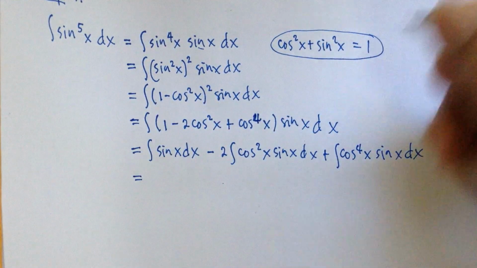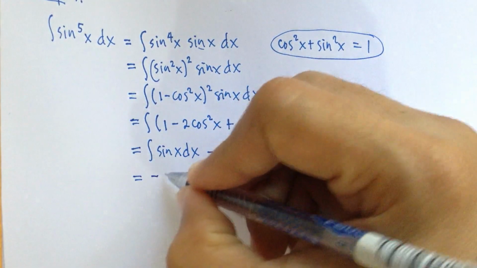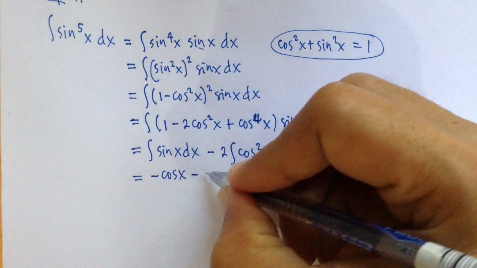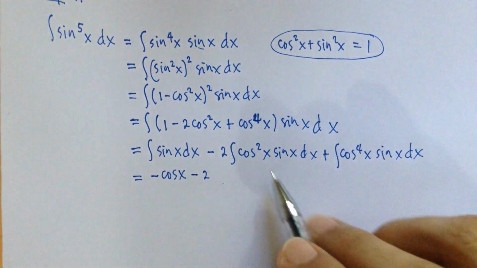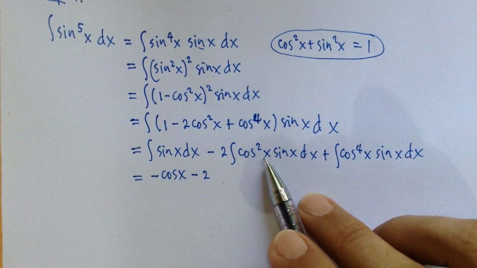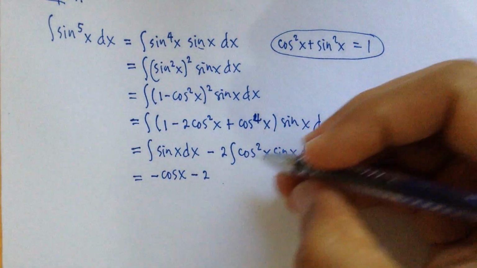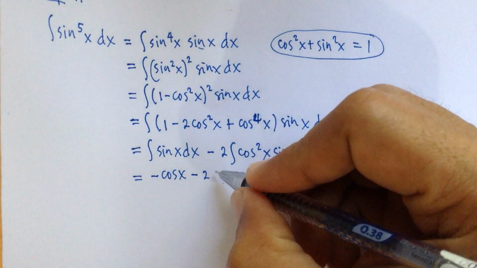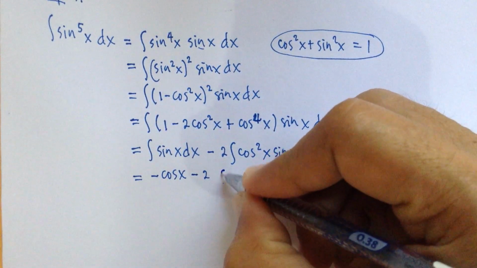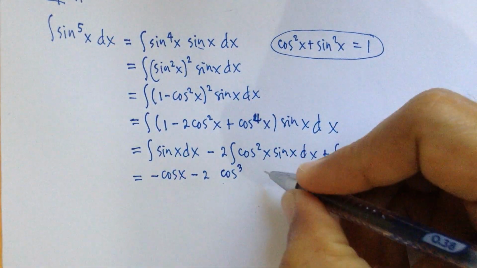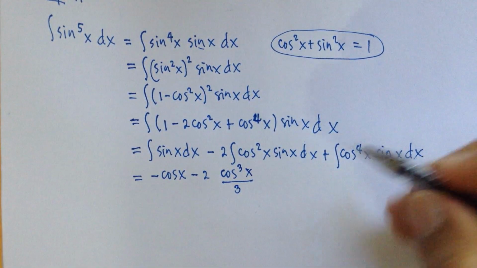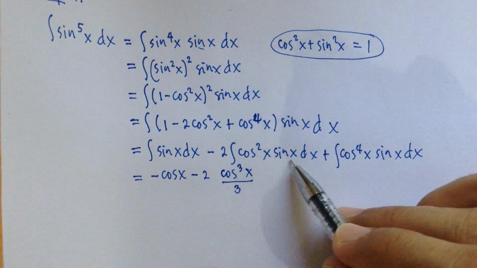So we know the integral of sine to be negative cosine of x, and we have negative 2 times this. Now this is actually of the form u to the n du, where your u is cosine x and your du is sine x dx. So that means that the integral of this is cosine cubed of x over 3, right? Do you follow? U squared du.